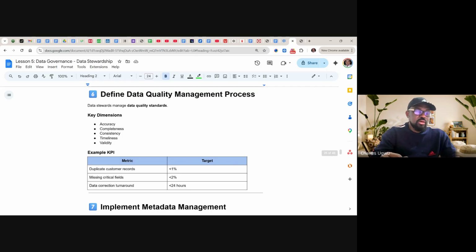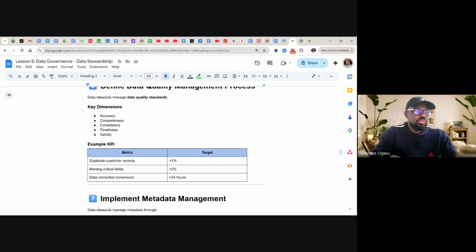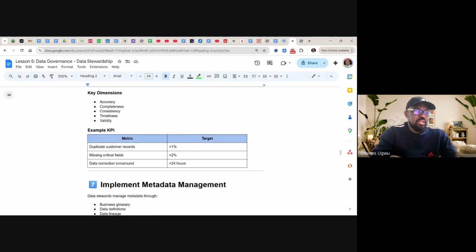Duplicate customer records must be less than 1%. Missing critical data must be less than 2%. Data correction turnaround time must be within 24 hours, it can't be more than 24 hours. So that is the KPI. That is the standard.